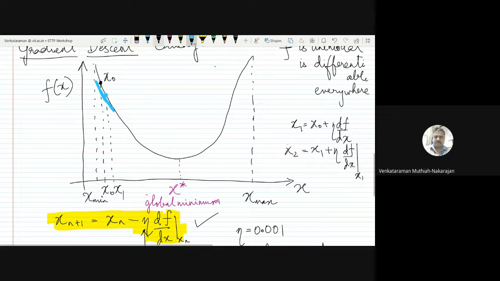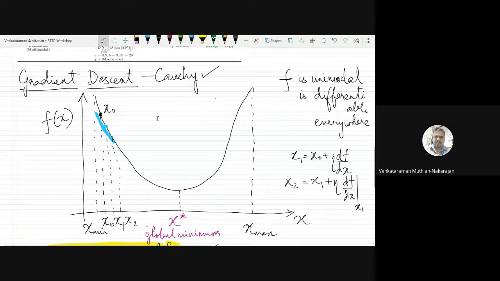So your x2 will be an advancement from left to right, and you will end up somewhere here, x2. If you keep on iterating this process, you will eventually reach x star. This algorithm, which was invented by Cauchy some 200 years back, is called gradient descent. It is a very nice algorithm to find the minimum, provided the function is unimodal and differentiable everywhere.